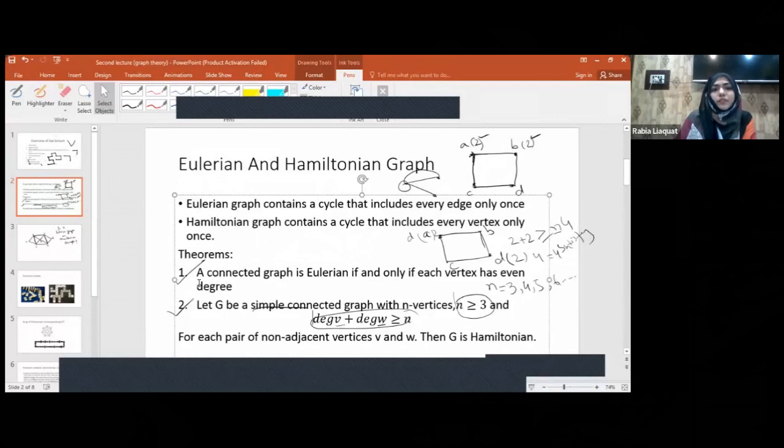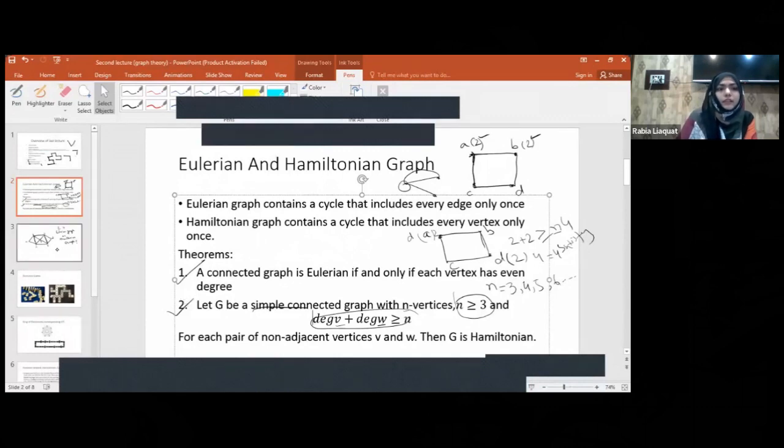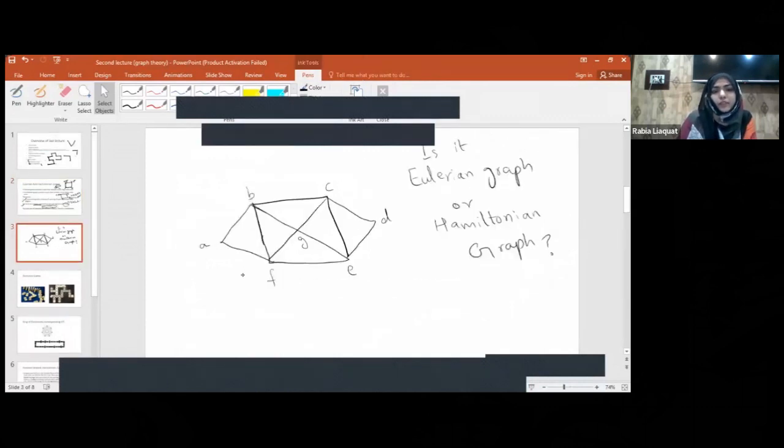First of all, for the Eulerian, a connected graph is Eulerian if and only if each vertex has even degree. So, for example, we have 7 vertices, which are A, B, C, D, E, F, and G. We will calculate the degree of each vertex.